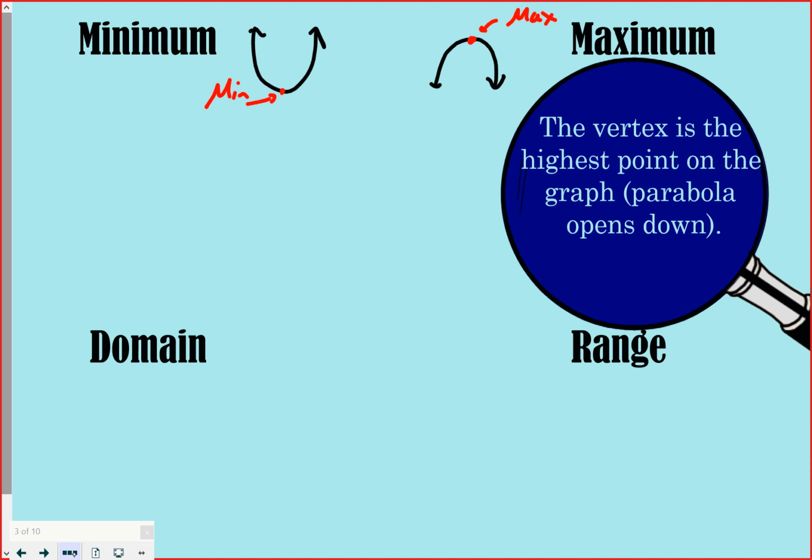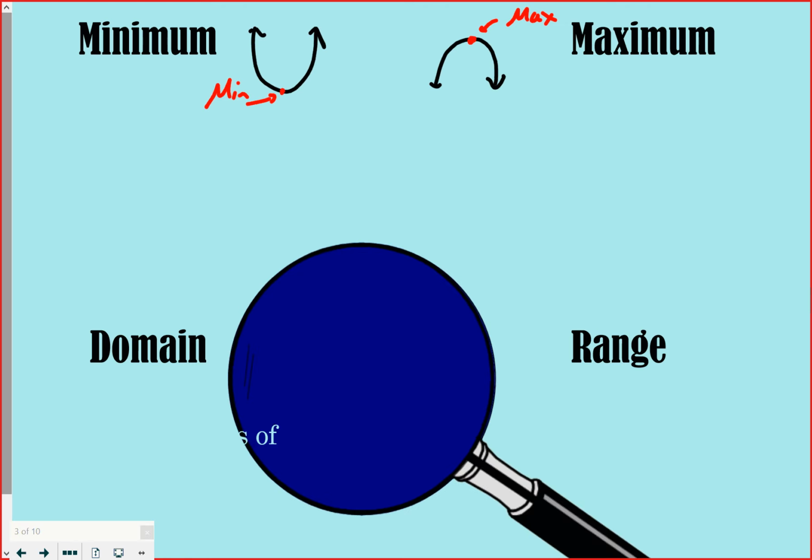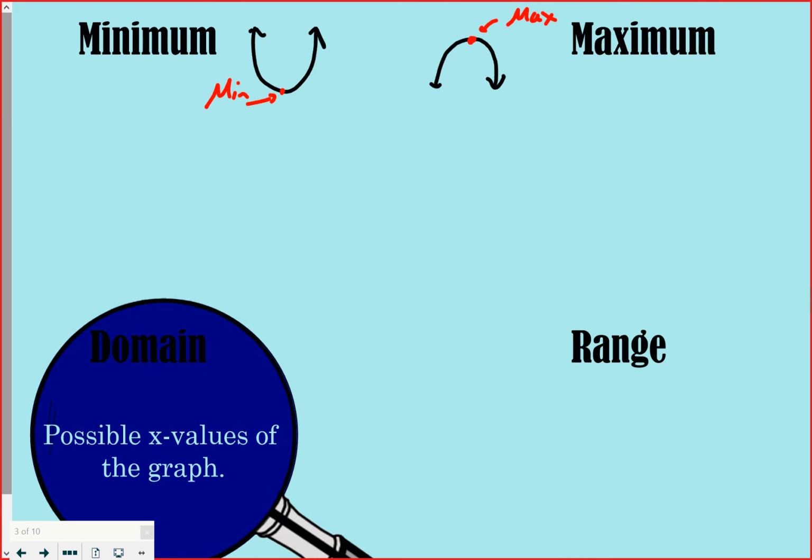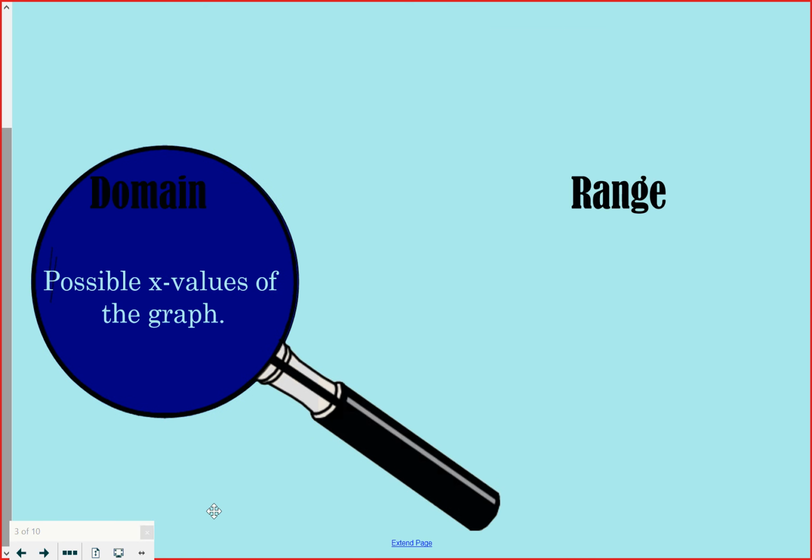The other pieces that we need to be able to find are our domain and range. Remember, our domain is all possible x values of the graph. Usually when we're dealing with a domain for your parabolas or any quadratic function, your domain is always going to be real numbers. Okay, so I'm going to put this down as a side note just in case you forget.